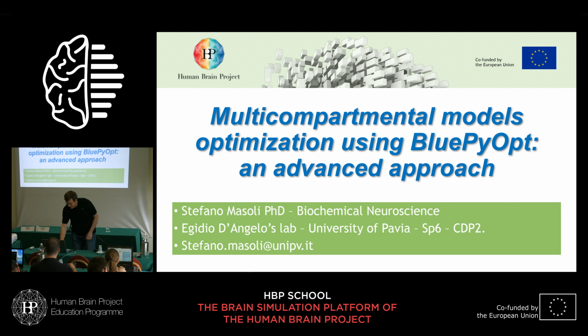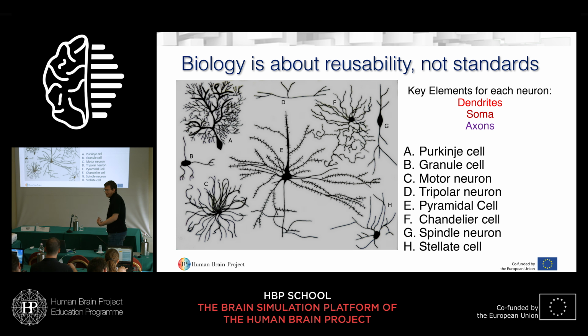My approach is slightly different from the one already seen, because for me, biology is about reusability rather than standards. You cannot find something standard in biology, something that can be reused by the system. A channel used in one cell can be transported to another cell and have some other effect. Or, for example, in this case, all neurons have dendrites, soma, and axons, but they are different.